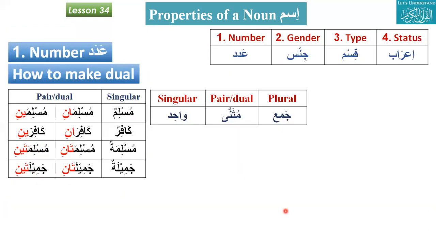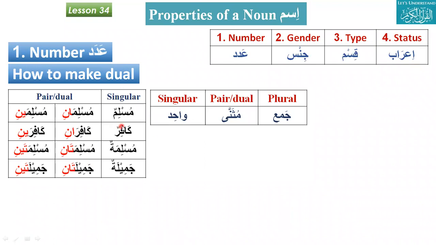Today we discussed that an ism has properties: number, gender, type, status. We started with number. Number can be singular, plural, or dual. We know the singular; today we discussed the dual.